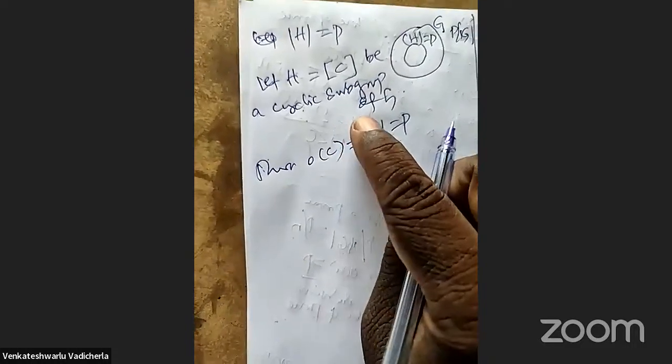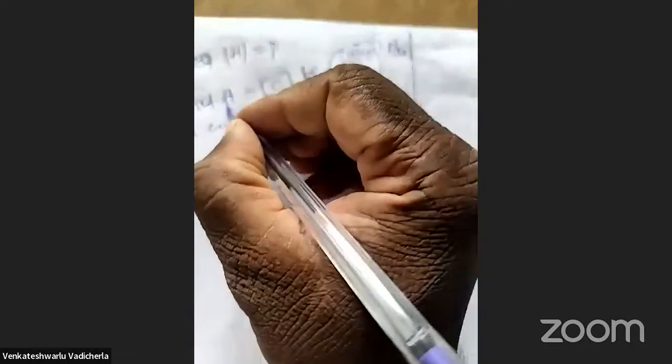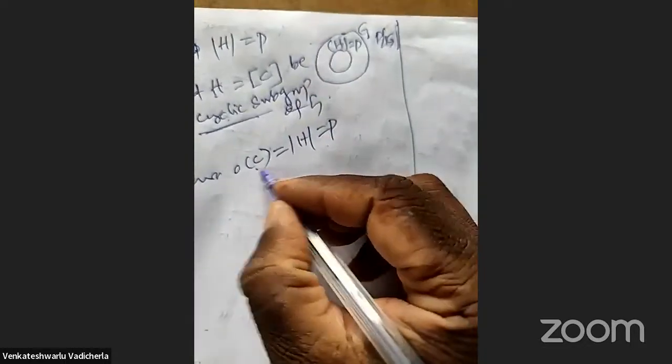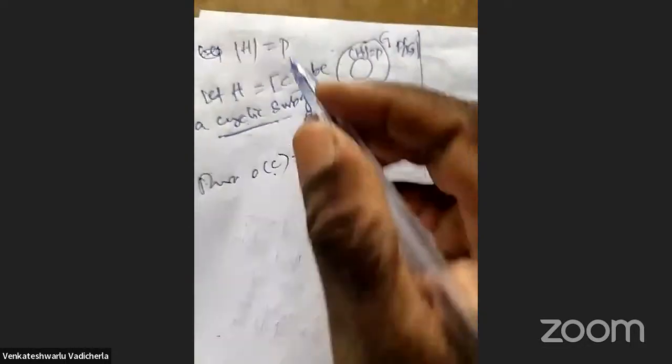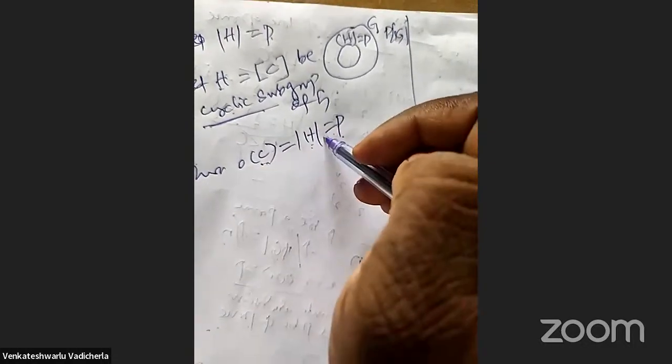This is also the cyclic group definition: if the element order equals the group order, that group is called cyclic.